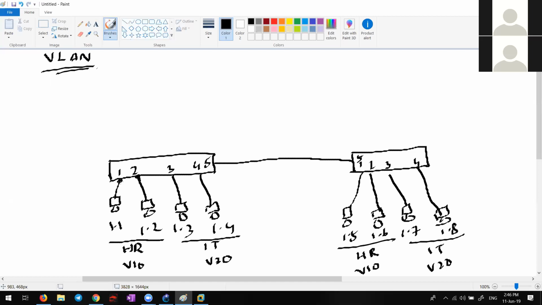I'll start from here. Tell me. Which are different VLANs? 1.1 to 1.5. I said 1.1 to 1.5. Will it communicate? If it doesn't communicate, why doesn't it?